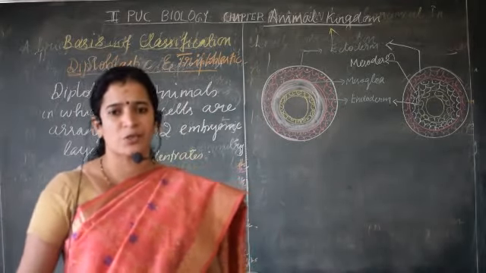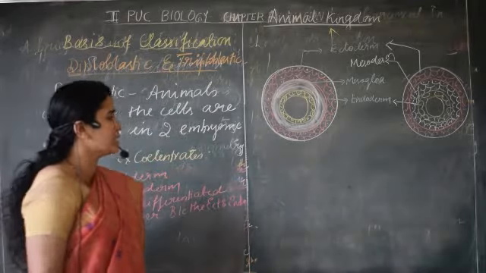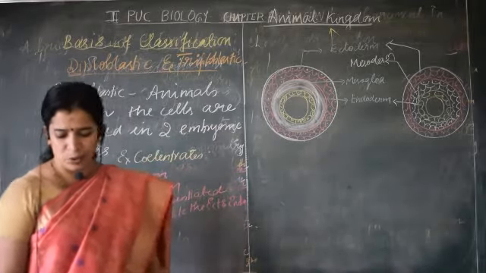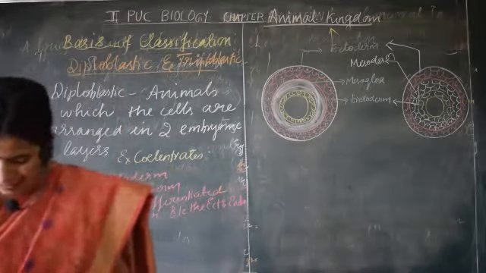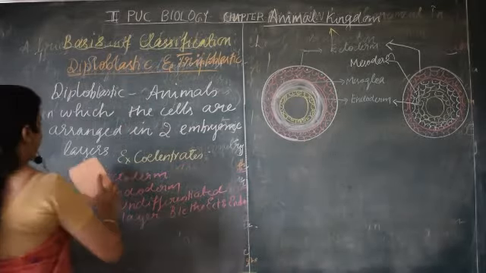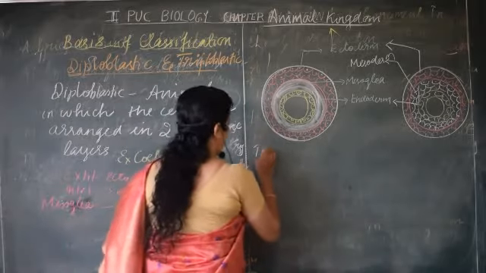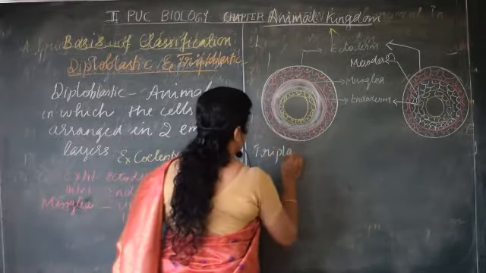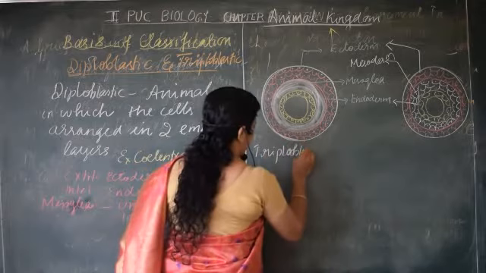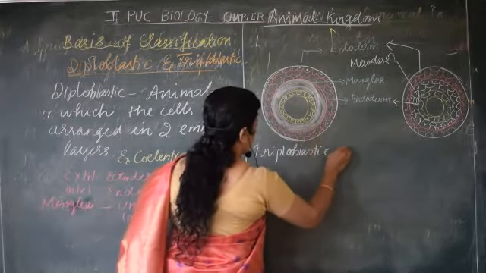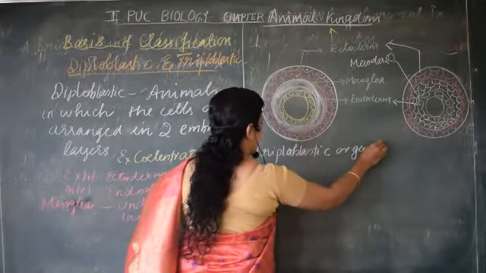Such groups of animals are called triploblastic organization. So you must write by yourself what is triploblastic organization and in which animals we can see that.